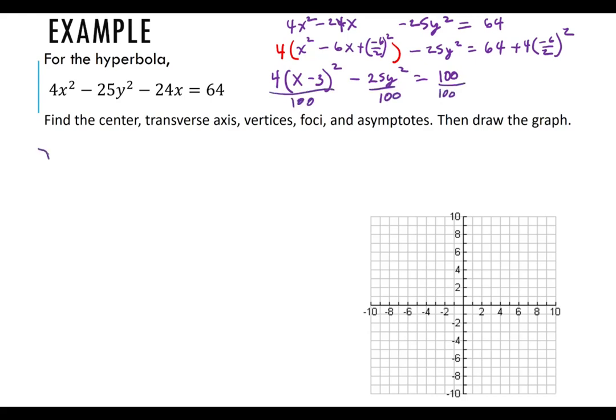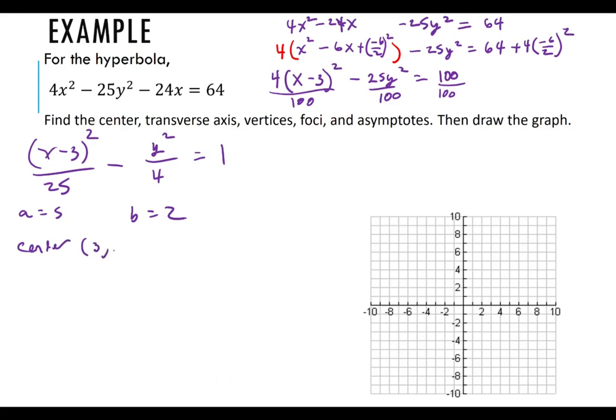We then get that this is (x minus 3) quantity squared divided by 25 minus y squared divided by 4 is equal to 1. Alright, notice that a is 5, b is 2, and our center is specifically (3, 0).